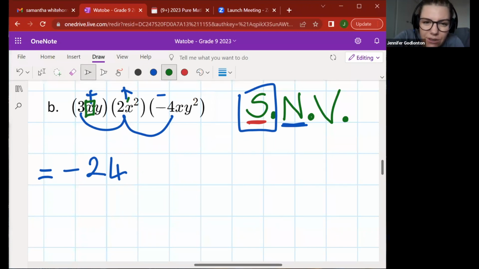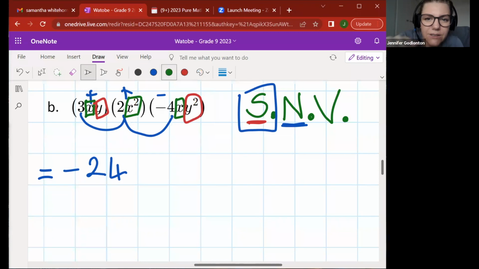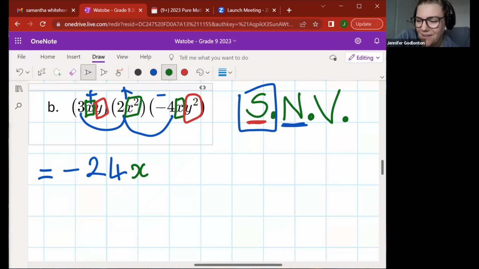So I'm just going to group them in colors. And then can you tell me what our final answer is? Okay, so for our x, x plus x to the power 2, which is x to the power 3. And then another x, which is x to the power 4 now.